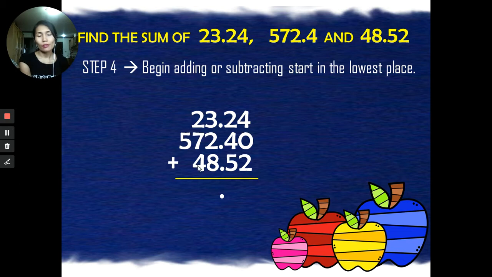Let's start from the hundreds place. 4 plus 0 plus 2 equals 6. 2 plus 4 is 6. Plus 5 is 11. Now, write 1. Oops, why is it 2?